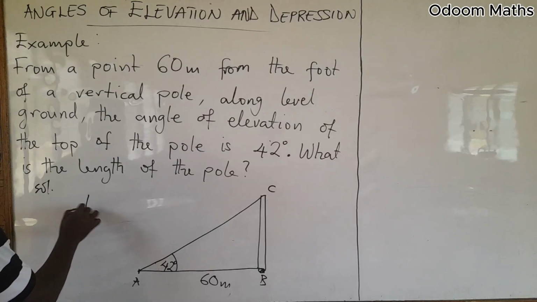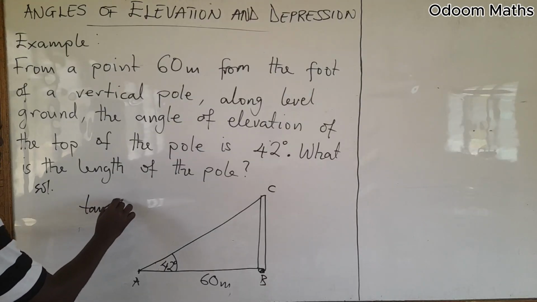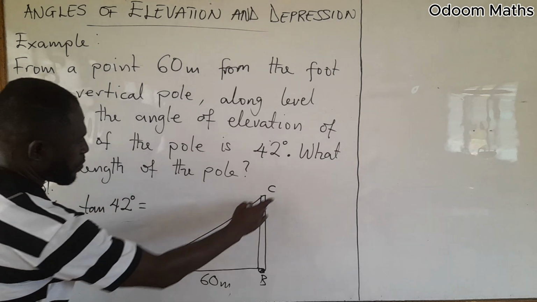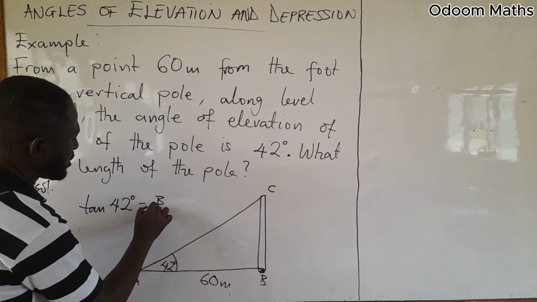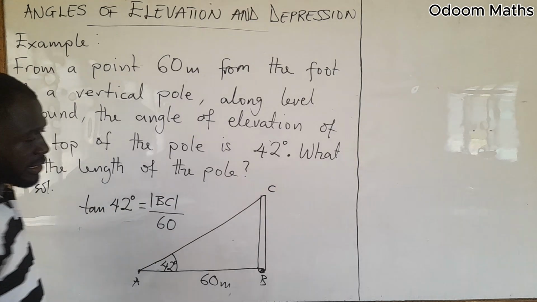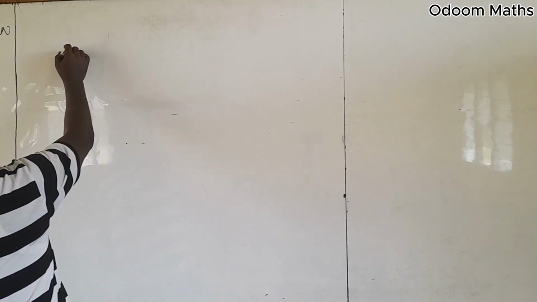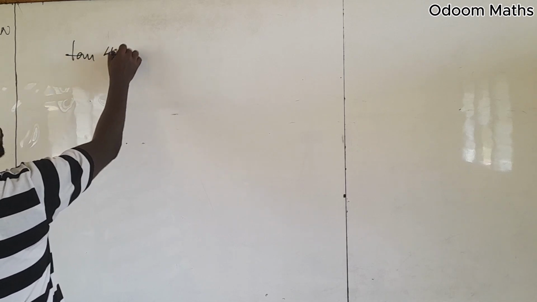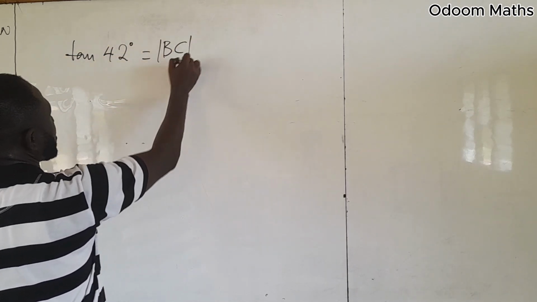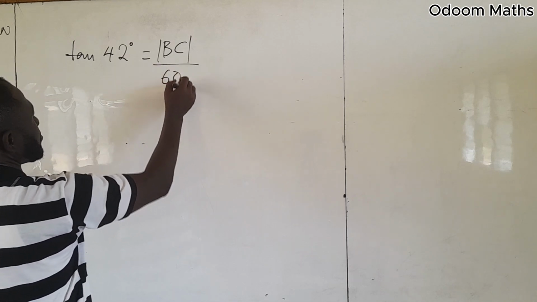So tan 42 is equal to opposite, which is BC, over adjacent, 60 meters.